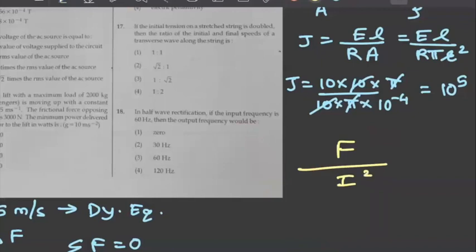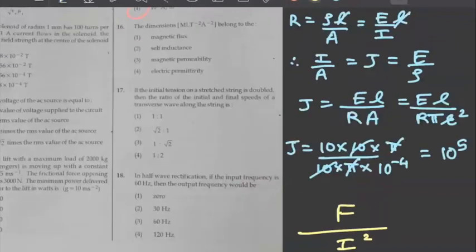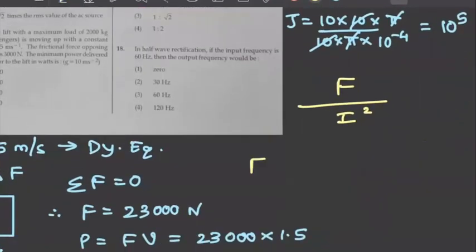So now do I have a formula where I have force and current square? Definitely I can say F, the force per unit length of attraction or repulsion between two wires carrying current, kept parallel to each other. So there is a formula F by L is mu 0 I1 I2, let's say I1 is equal to I2, so I square by 2 pi a, or let's just say proportional, removing the constants 2 pi, and this is distance a.